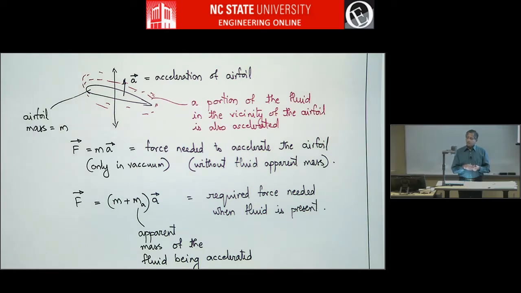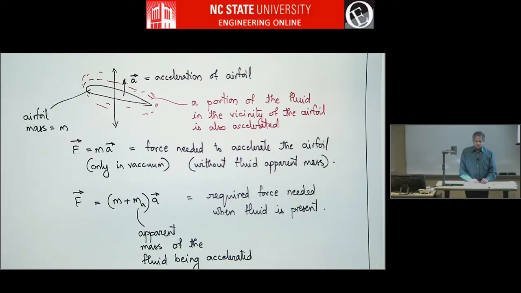Even in air, I think when you come to situations where there is a lot of acceleration, like in flutter, when a wing is in flutter, that acceleration is high enough that it starts to matter that you should take the apparent mass. The other situation it might matter in air is if the airplane is super light.